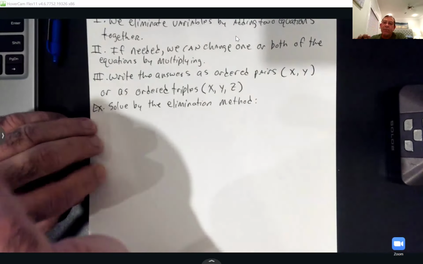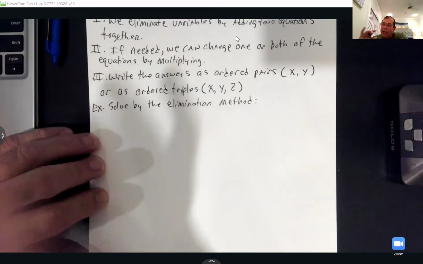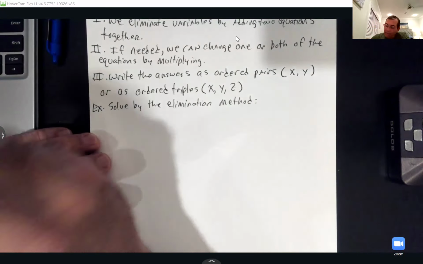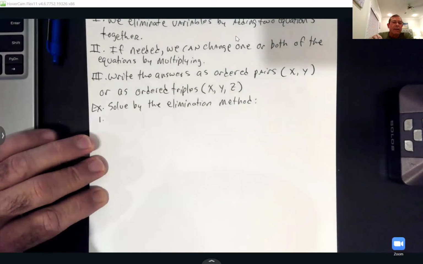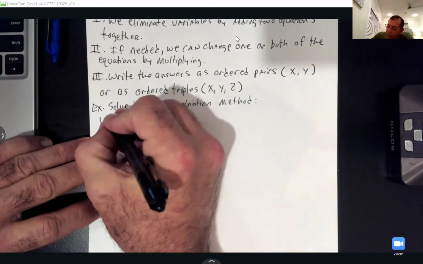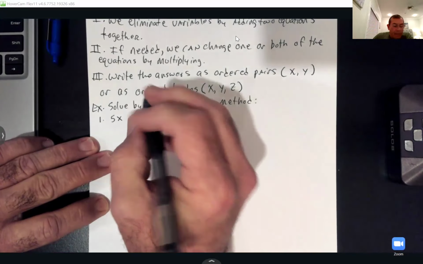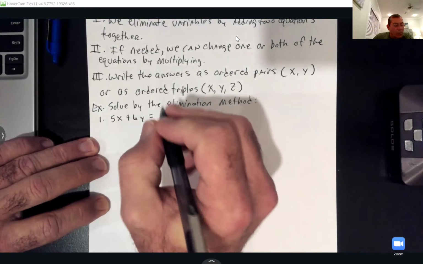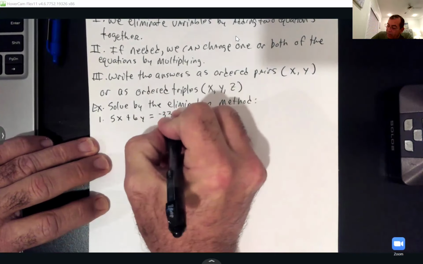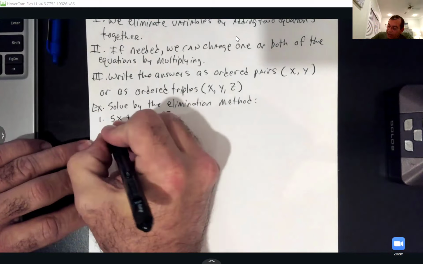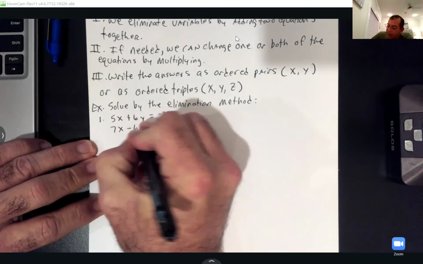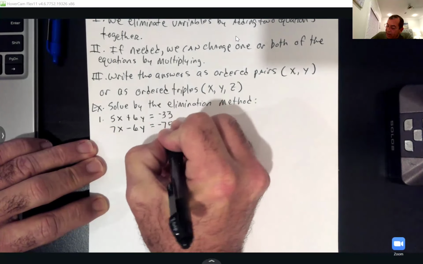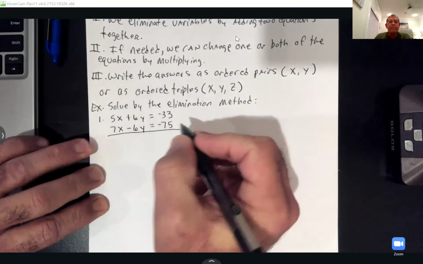Now, they're going to start out sort of mild, and then they make them more difficult as we go. All right, y'all. So on the first one, I got a 5x plus 6y is going to equal negative 33. I got a 7x minus 6y equals a negative 75.